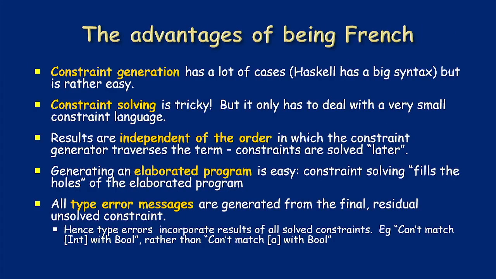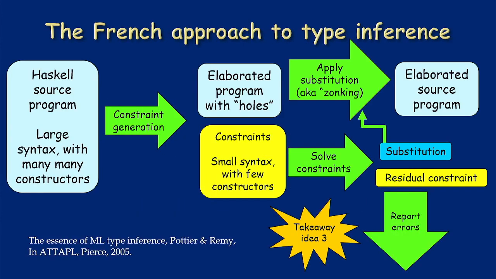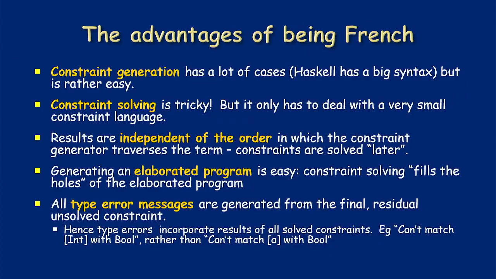Number 1, constraint generation has a lot of cases. Haskell is an enormous language, so the number of syntactic constructs is 50 or 100 or something. So there's lots of cases here, but constraint generation is pretty simple. So there's a lot of cases, each of which has pretty simple code. But the constraint solver is really tricky. Oh, man, if I had £1 for every hour I'd spent on the constraint solver, I'd be a rich person.